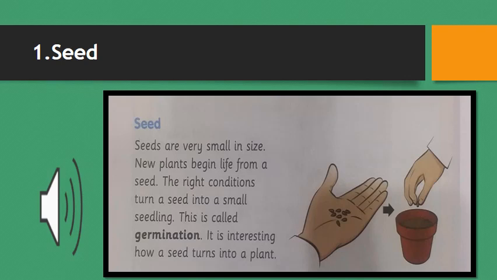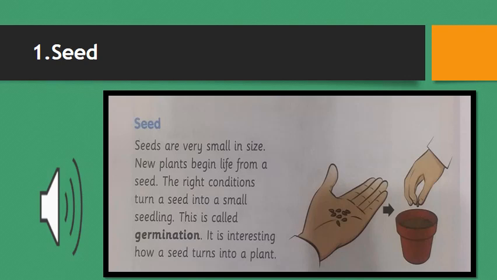If you see bananas, apples, pineapples, mangoes, all of the fruits have their seeds. Why? Because seed is the first step from which a plant starts growing. Seeds are of different sizes and of different shapes.